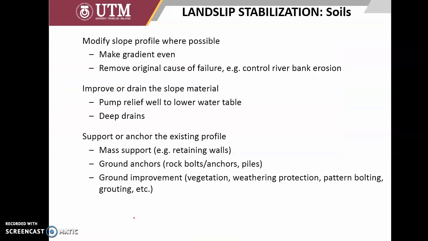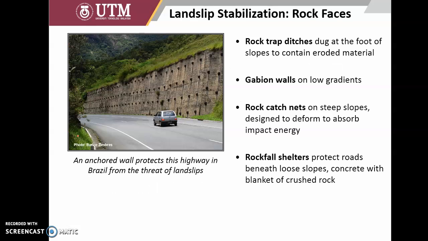And next is landslip stabilization in soil. So we look at the soil. Make sure we modify the slope so the gradient is low, not more than 45 degrees. Control the river bank erosion if needed. Do some checking so we can avoid the failure. Improve the drainage, and introduce support if we could.